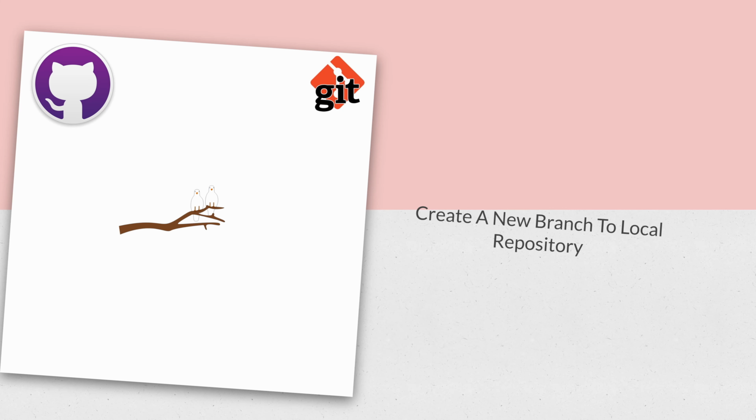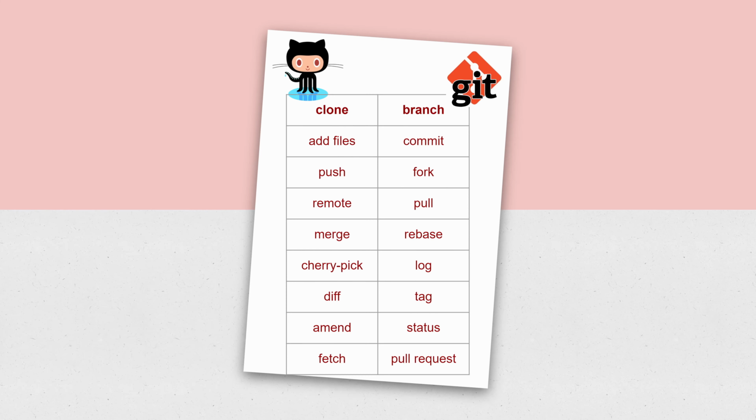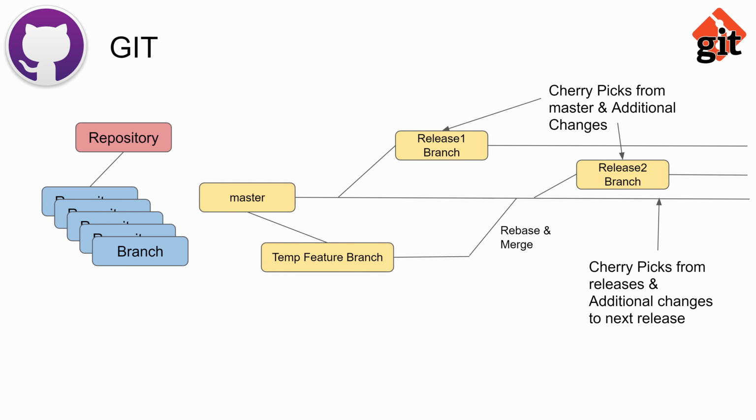There are two different purposes for creating branches. One is to do temporary work and then merging it back into the master or main branch. The second one is to create release branches and keep them permanently away from the master branch or main branch. And then we talked a little bit about the release branches.